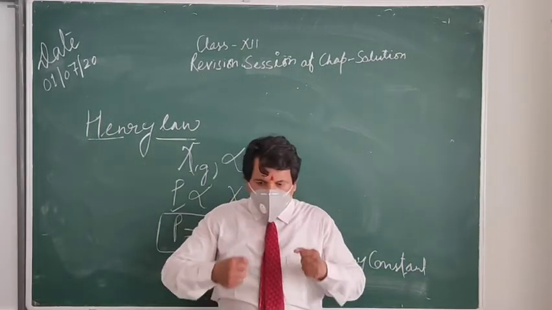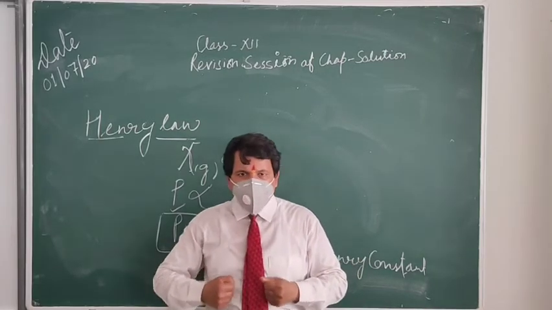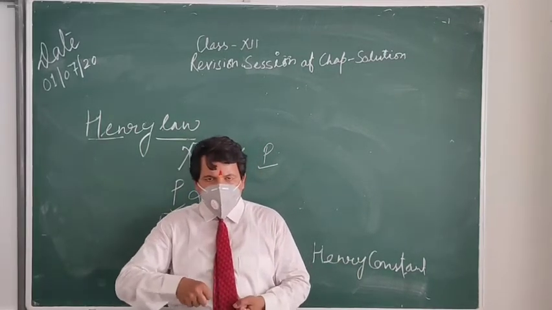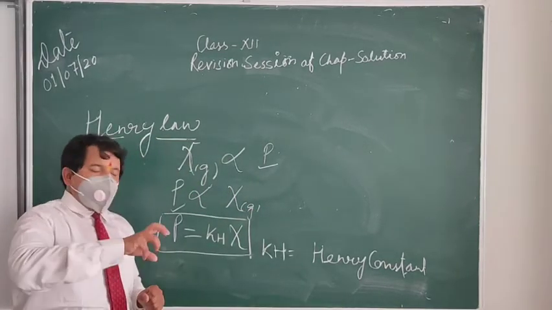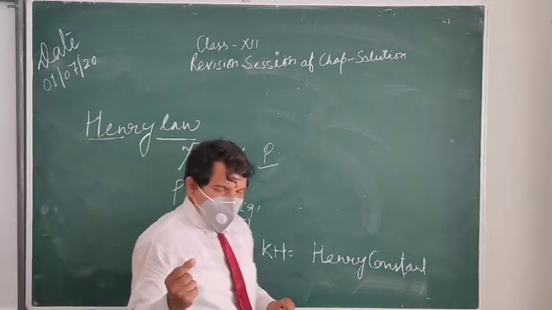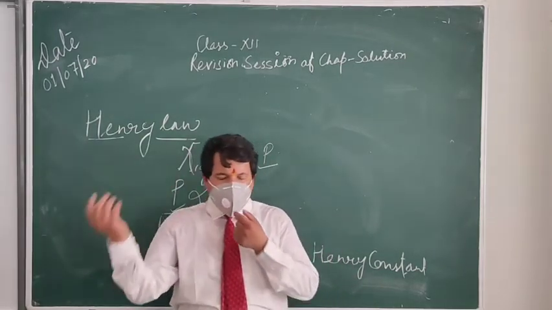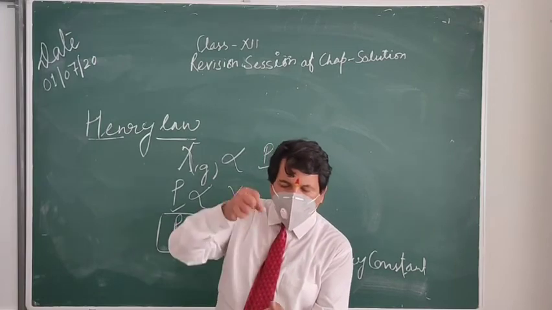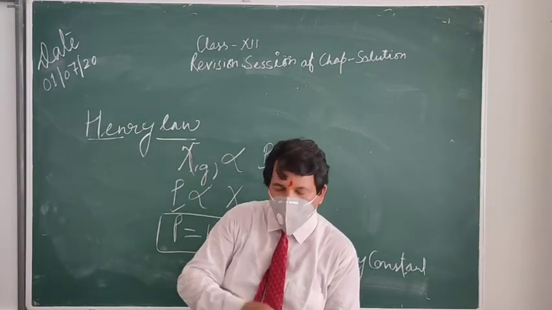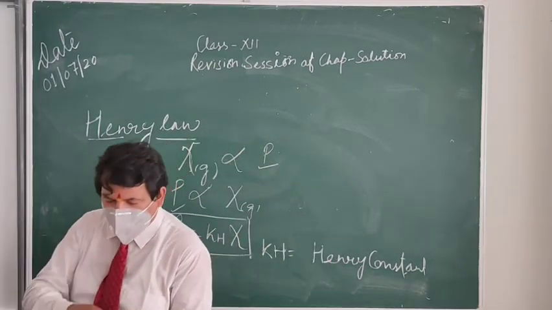In the body, the pressure is exerted by the lungs in such a way that the maximum amount of oxygen can dissolve in blood. Right? Similarly, in the soft drink industry, soda water or other drinks, these bottles are filled at very high pressure. Why are they filled at very high pressure?